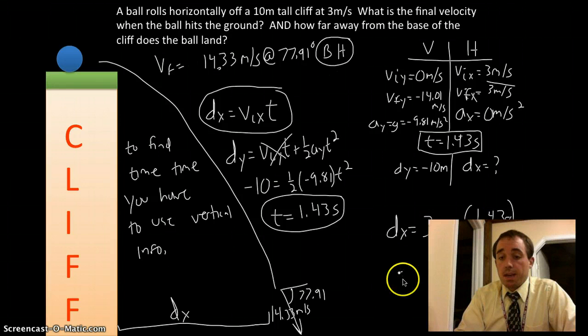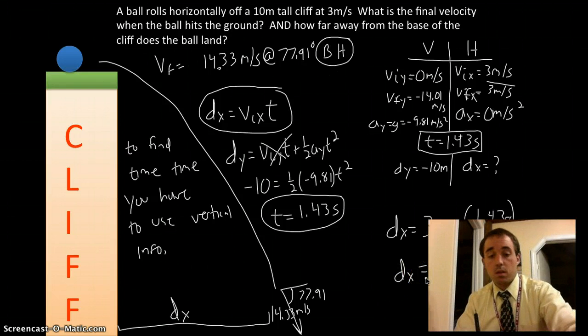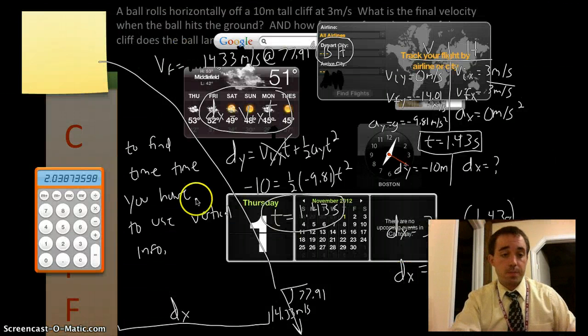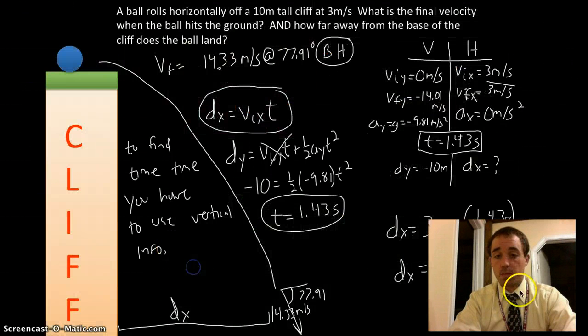And we get a dx equal to 3 times 1.43, which will equal 4.29.